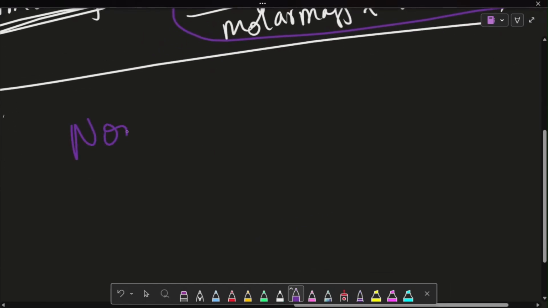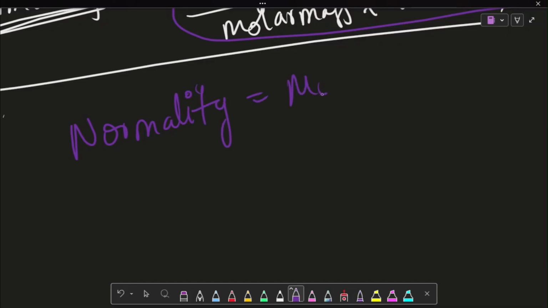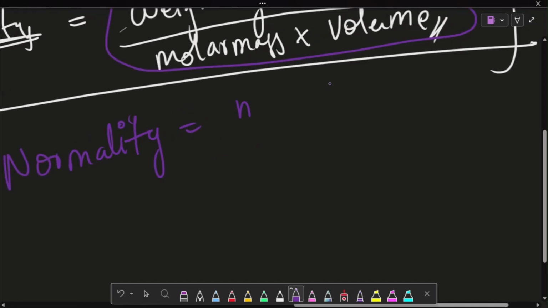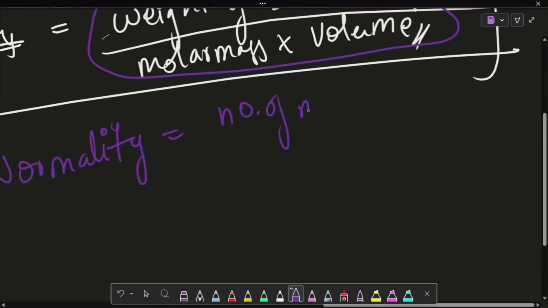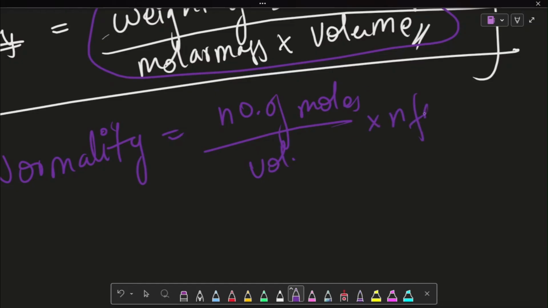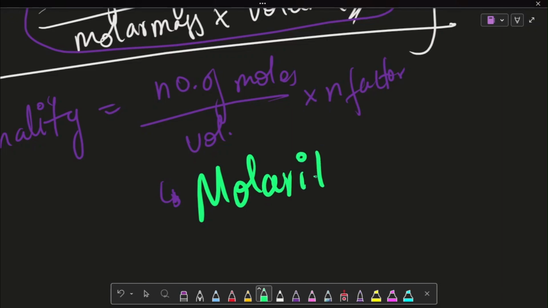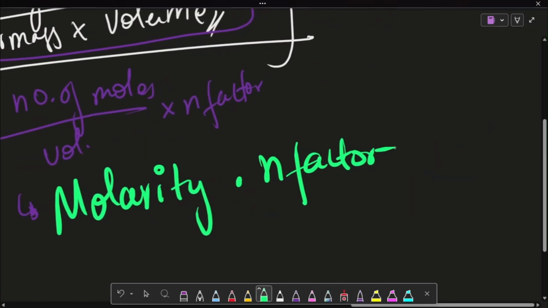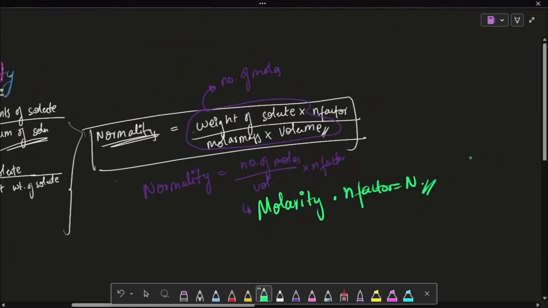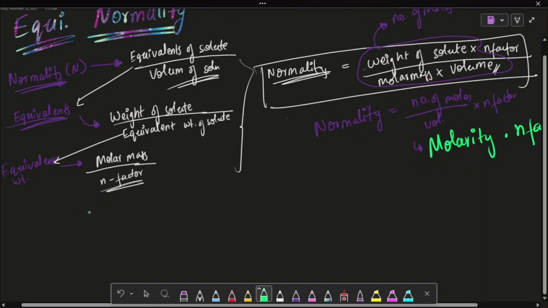So we can say normality equals number of moles by volume times n factor, which is nothing but molarity times n factor equals normality.